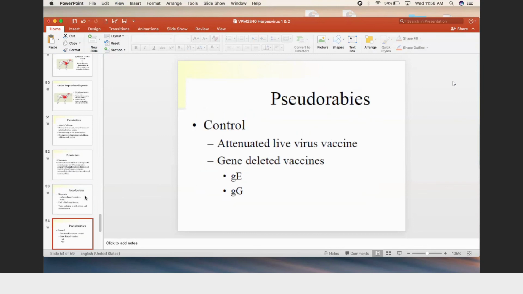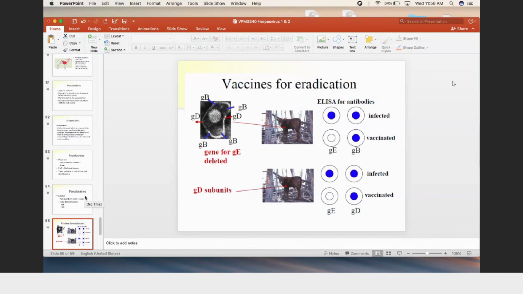Rabies is quite interesting. There are vaccines for the vaccination of animals. They are gene deleted, and they use this vaccine to differentiate, in the farm, between vaccinated and non-vaccinated animals. There is a principle behind this.